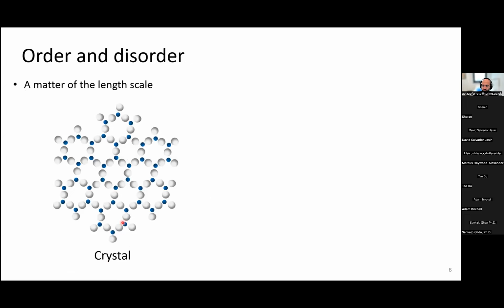Okay, so glasses are disordered, while crystals are ordered. But what I'll argue and explain to you is that it's really a matter of the length scale. In crystals, we have the repeating units that form this long-range order.